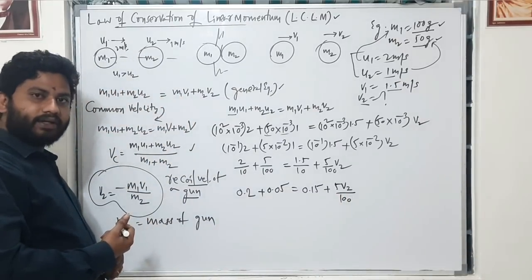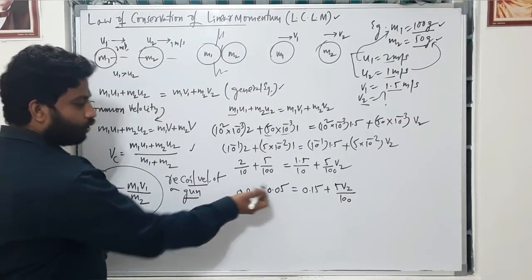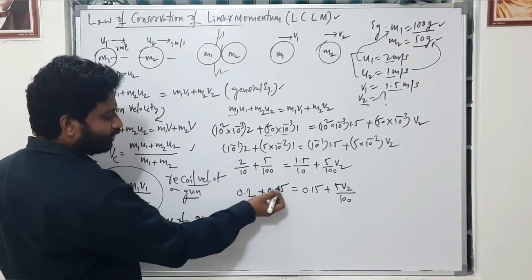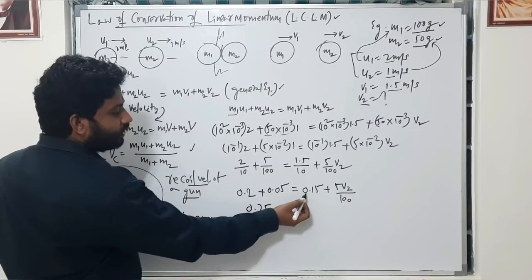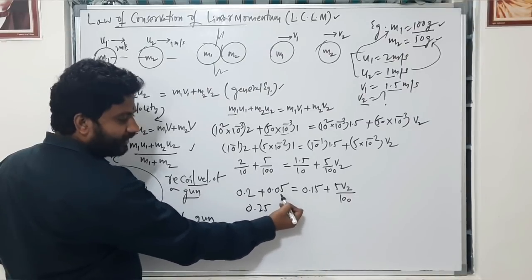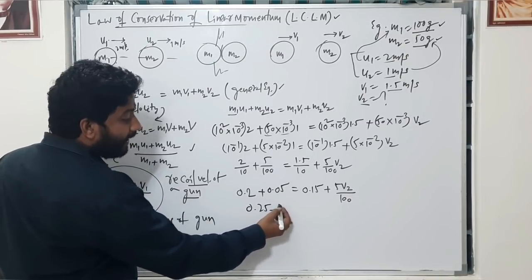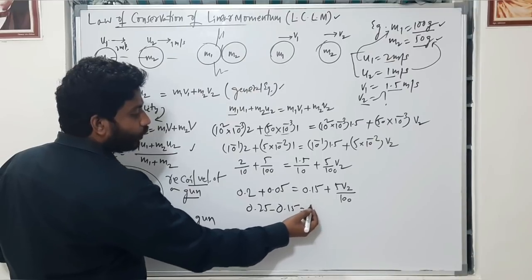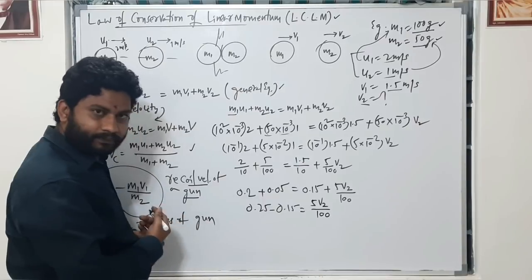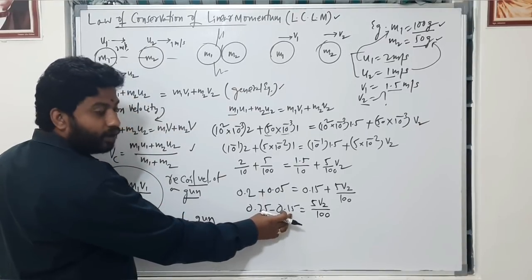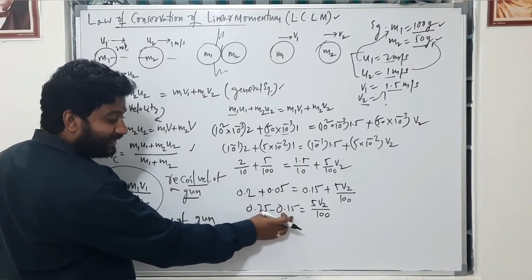Done? Now this is 0.2 plus 0.05, so I can write it as 0.25. The 0.15 comes to the other side as minus 0.15, which is equal to 5V2 divided by 100. 0.25 minus 0.15, how much is it?